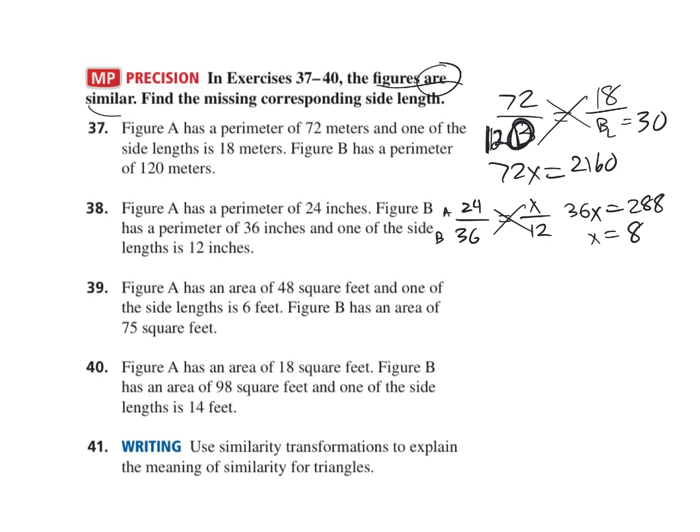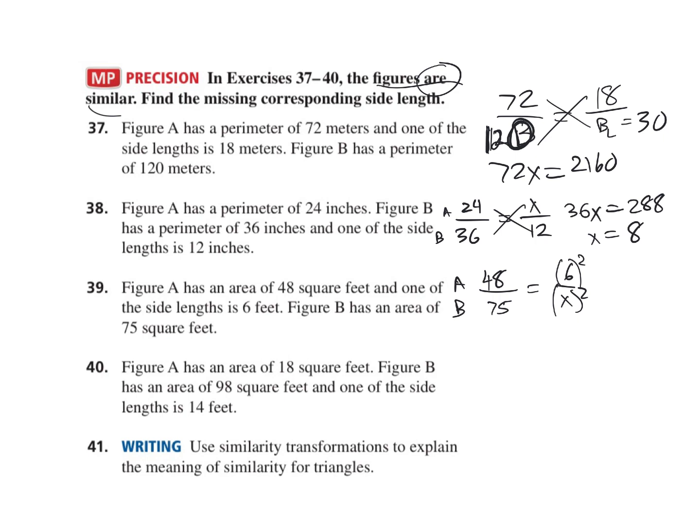Now, area. Figure A has an area, so A is on top, and B on the bottom. Figure A has an area of 48 square feet, and one of the side lengths is 6. Figure B has an area of 75, and we don't know the side length of figure B. But remember, you're supposed to square each of the side lengths.